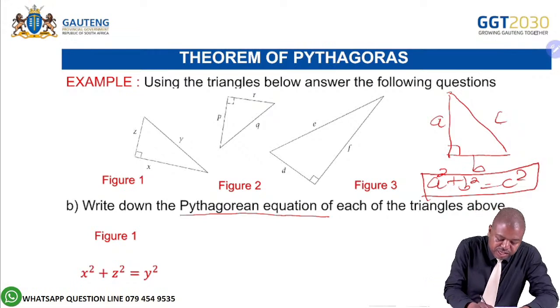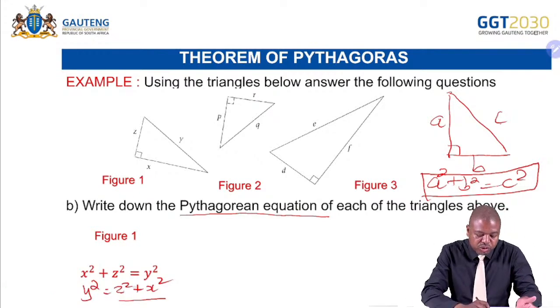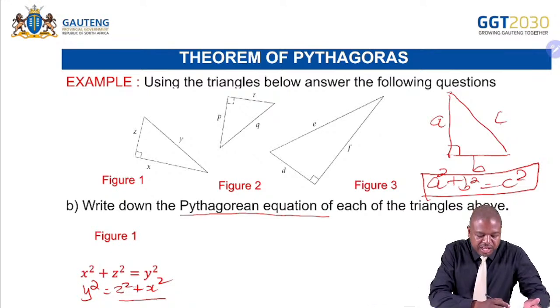I know some might have written it as y squared is equal to z squared plus x squared. What is important is to have the sum of the squares of the two shorter sides on one side and the square of the hypotenuse on the other side.